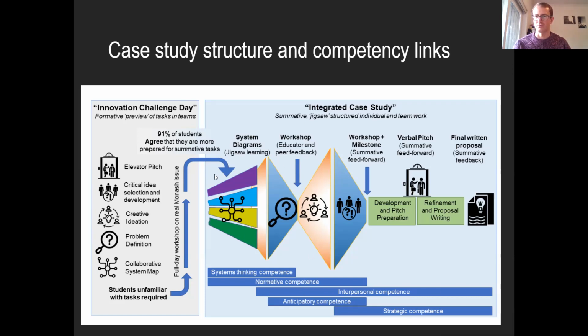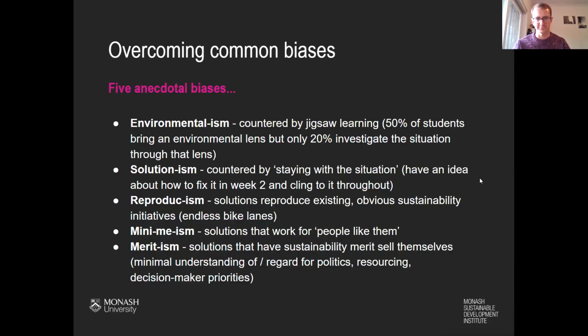So this initial working group structure coalesces into formal teamwork in these interdisciplinary groups. And then they have to start thinking about ways to hone, refine, iterate, and then eventually pitch and propose their ideas in detail. And so we think that these competencies become more or less salient at different points in the unit, and we make sure that we're drawing attention to them as they arise.